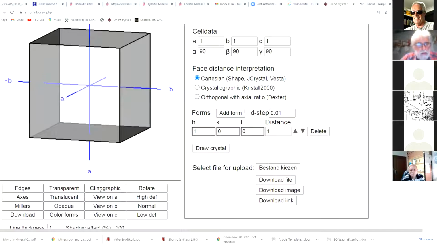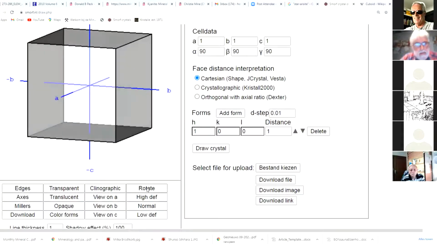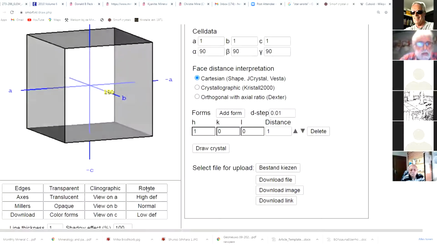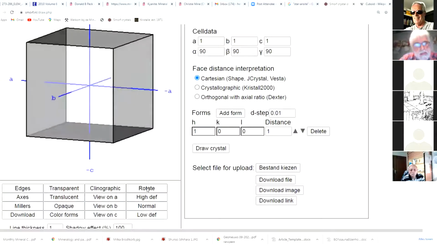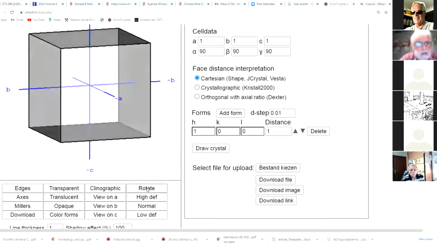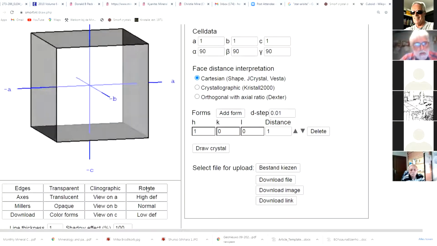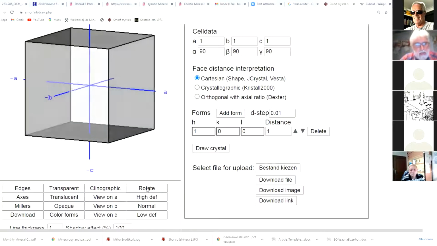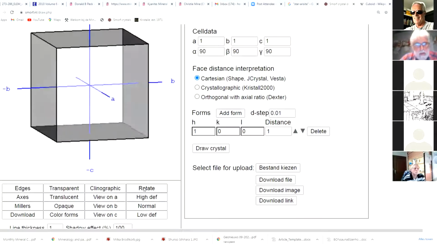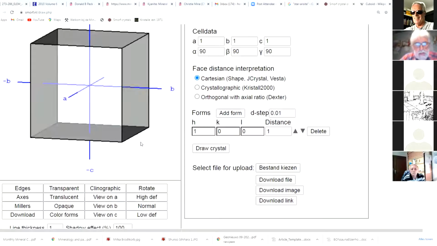Clicking on Clinographic will show the most common way of showing a crystal, being the crystallographic projection. And if you click on rotate, it will make the crystal turn, so you get a better feeling of what it looks like in 3D. Now, of course, this is just a cube, so it's not really something to get really excited about.